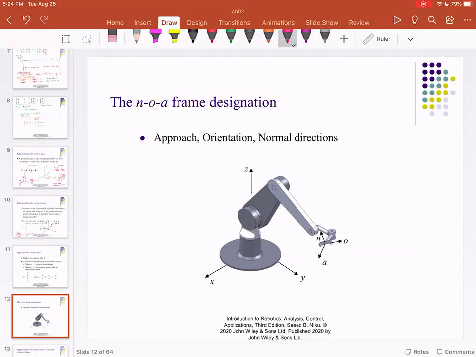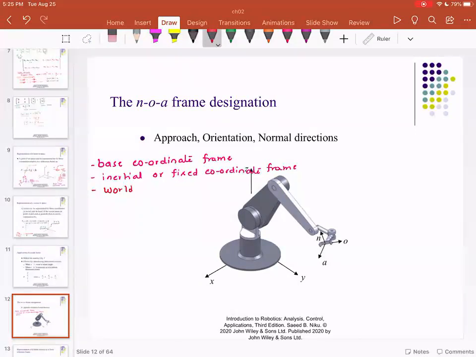First and foremost, I want you to understand there is something called the base coordinate frame, also called the inertial or fixed coordinate frame, or sometimes the world coordinate frame.